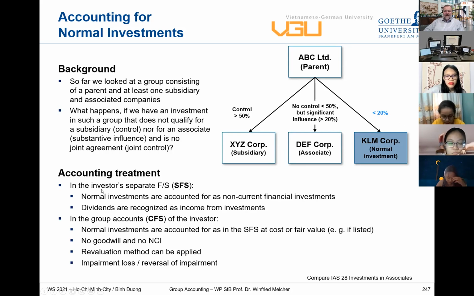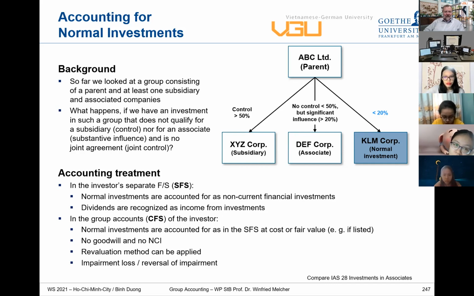Well, when you look at the investors' separate financial statements, then this normal investment is accounted for as a non-current financial investment. So you will see such an investment in the non-current section, and you will see it under financial assets.